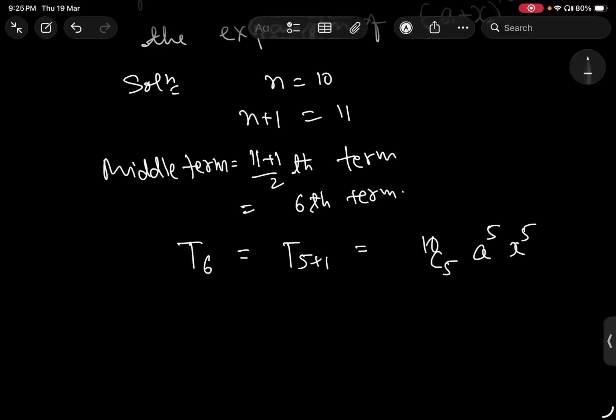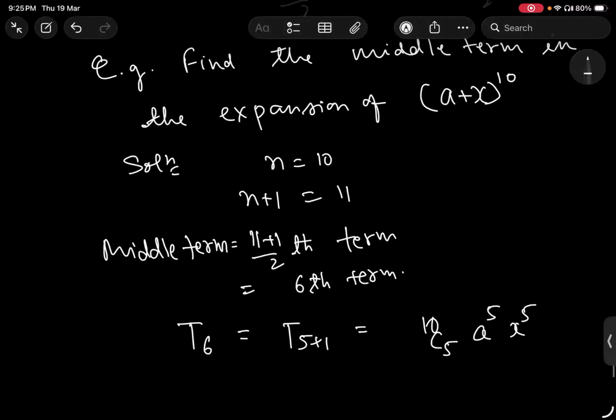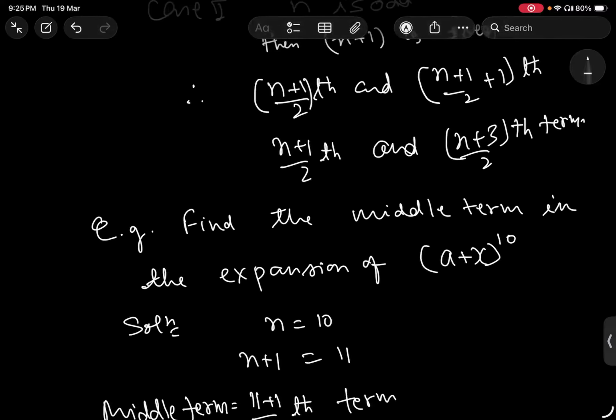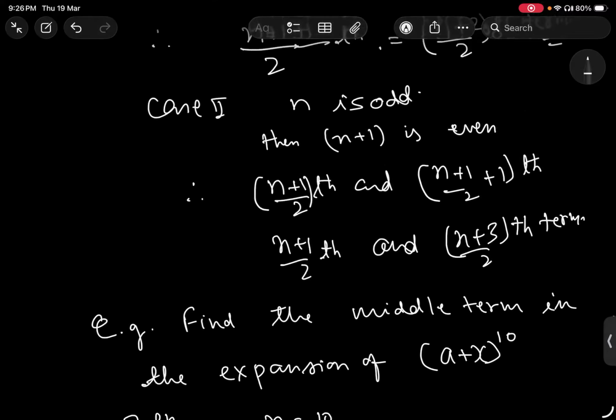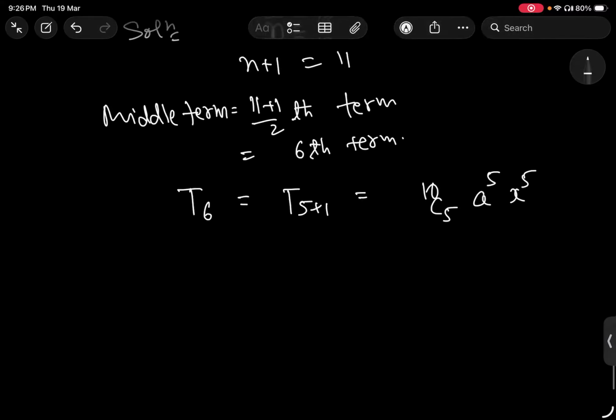And when n is odd, let us take another example.